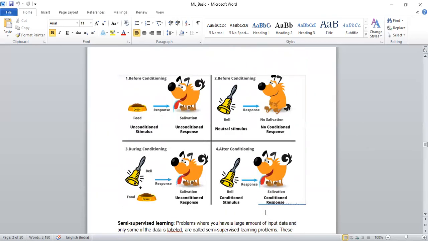So look here. Now after conditioning, the bell becomes the conditioned stimulus. Although you have not given the unconditioned stimulus, food, when the dog just hears the sound of a bell, it starts salivating. So that is the conditioned response. This is the conditioned stimulus, this is the conditioned response.